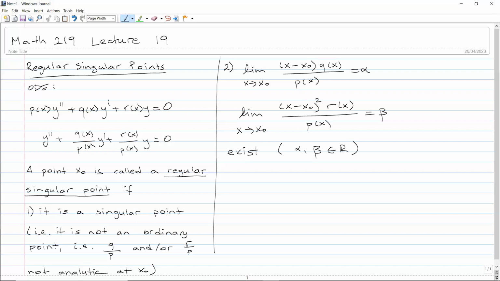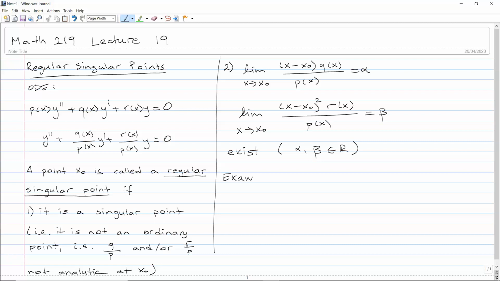So being not analytic is kind of hard, but it happens. The easiest way that it happens is when the function is not defined or not continuous or not differentiable. Okay. So, but being singular is not enough. Also, we require these limits to exist.